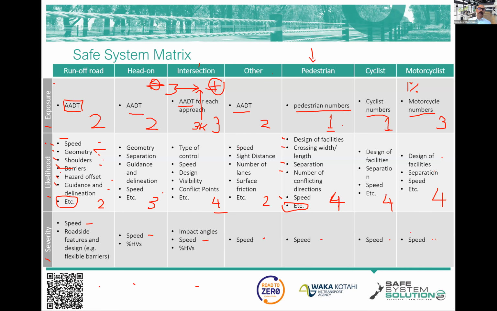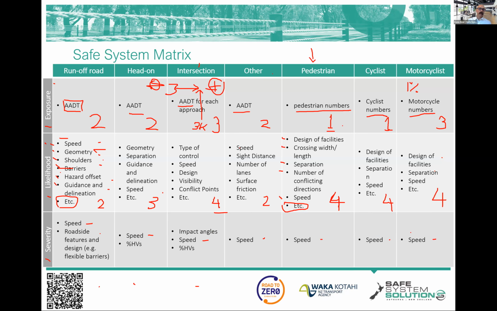Speed is a dominant part of your kinetic energy equations. It's a dominant part of injury biomechanics. It's going to be so influential in the outcome. But there's other things.